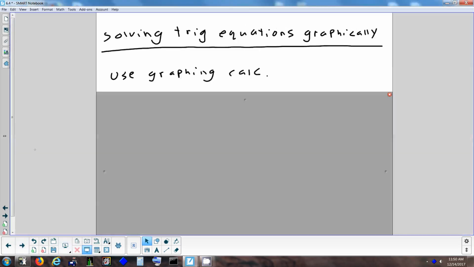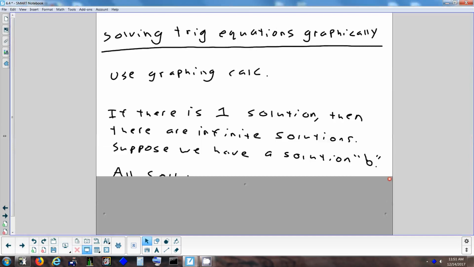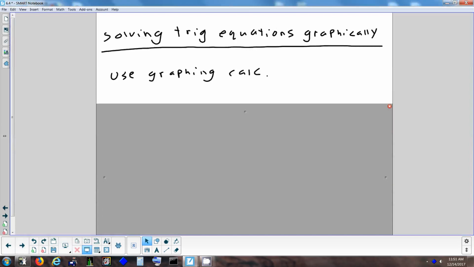All right, so the last thing we're going to do, probably the easiest thing, is using the calculator to solve equations. Assuming you can type it into the calculator into y1 and y2 correctly, all you have to do is find an intersection point. That's it. But if 2 trig graphs cross once, how many times do they really cross if you were to keep zooming out?